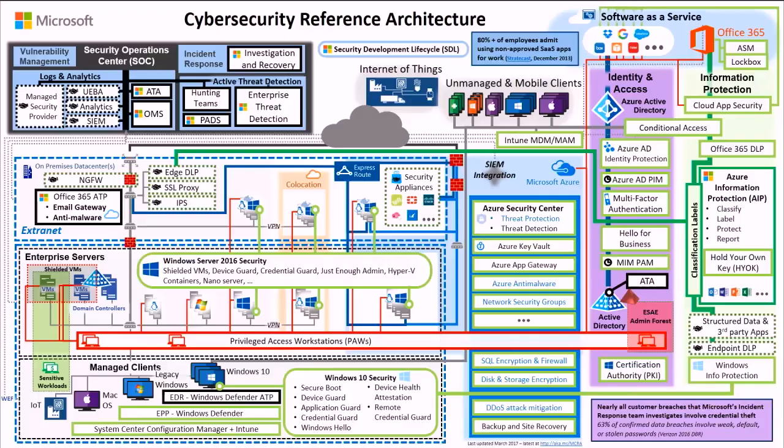So this is the first module, the overview. As you take a look at the reference architecture, you might notice that it's a bit complicated. Microsoft built up a lot of lessons learned as we defend our own IT environment. We defend the cloud services, such as Azure and Office 365, those hyperscale modern cloud services.